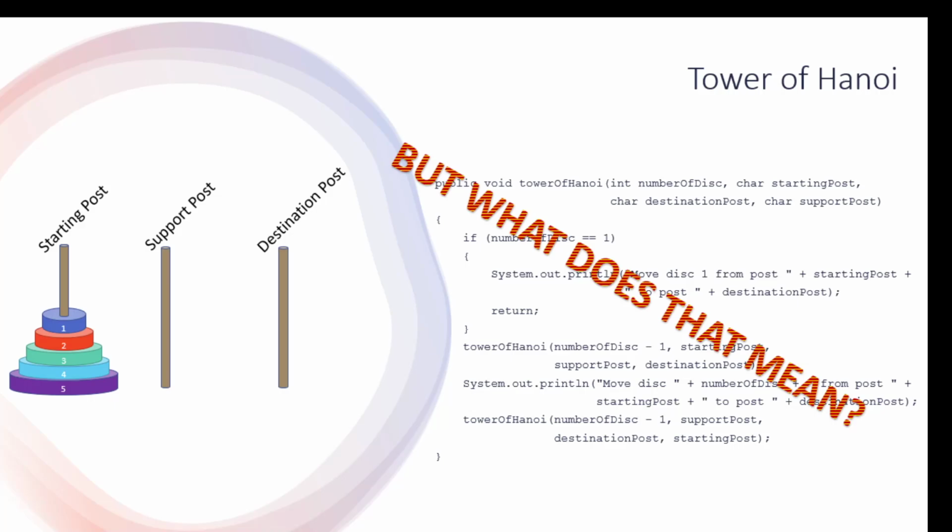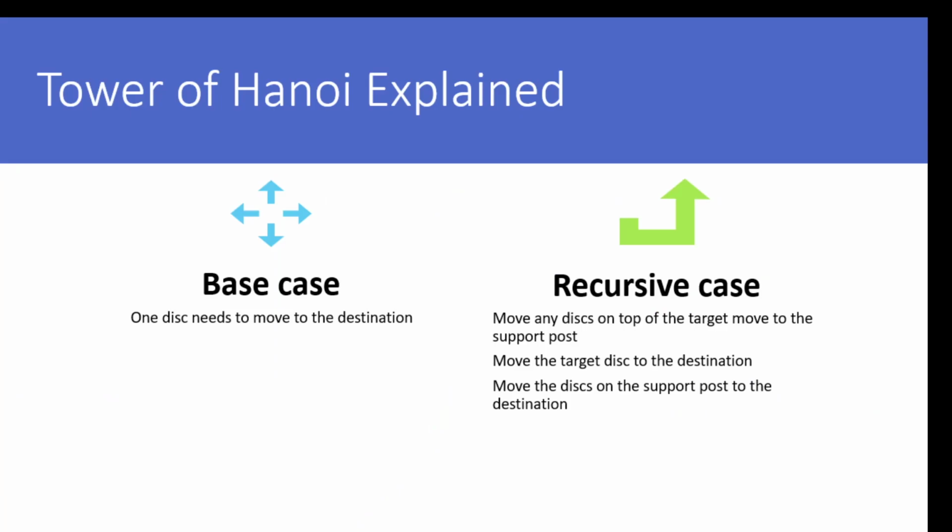I'm going to move some disk to some destination, and by defining it that way, everything else kind of breaks up from there. And so the recursive case is to say, hey, any disks that are on top of the disk that you're trying to move to its destination, get out of the way. And then move the disk to its target destination.